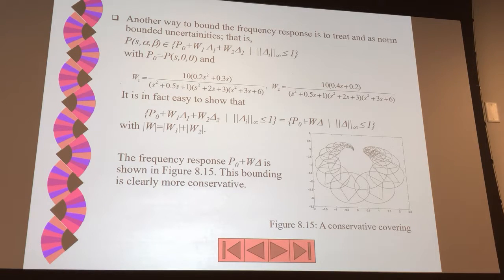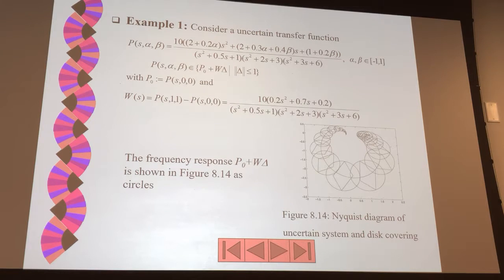So if you do this bounding by doing this type of divide and conquer, you might have a certain level of conservatism compared to this one. This one is tight.